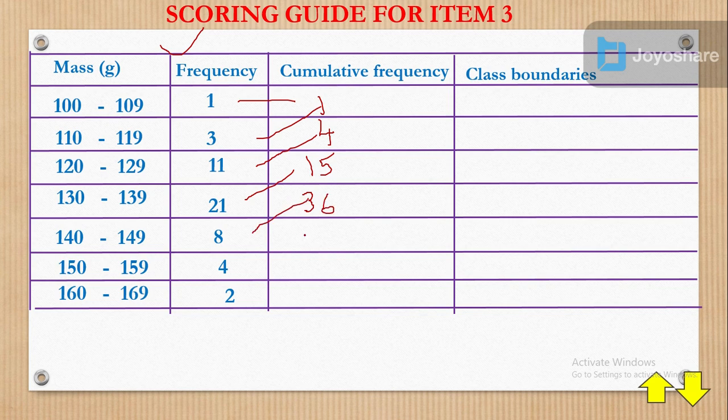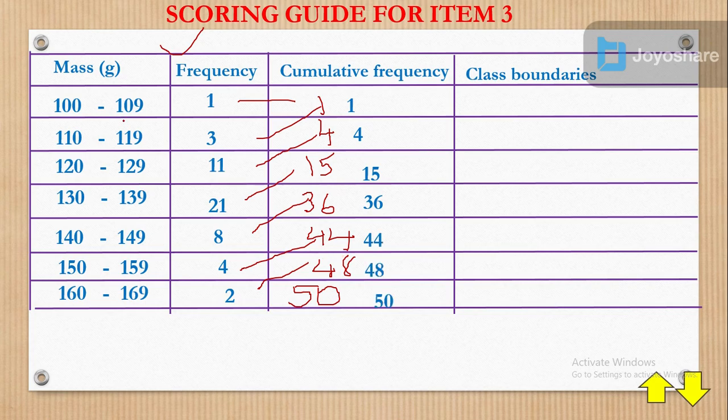This 36 plus 8, we get 44. 44 plus 4, we get 48. 48 plus 2, we get 50. As simple as that. So we have 1, 4, 15, 36, 44, and finally 50.